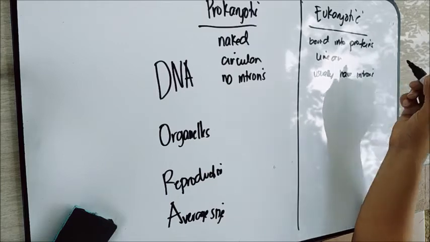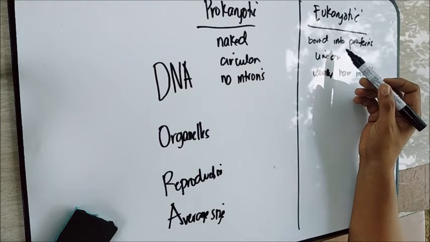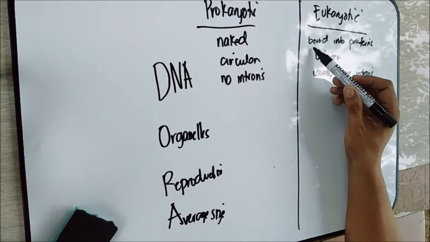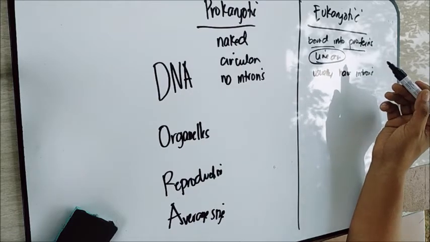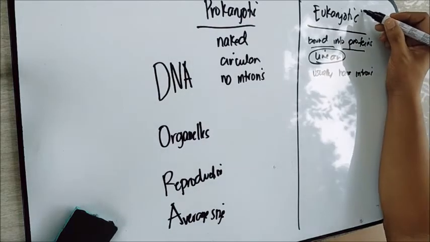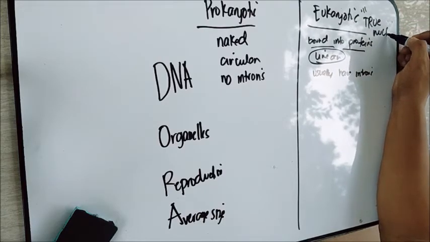Now, what do you think is the reason why the DNA of the eukaryotic cell is bound to proteins and linear in structure? Because we should always take note that the eukaryotic cell contains a true nucleus.